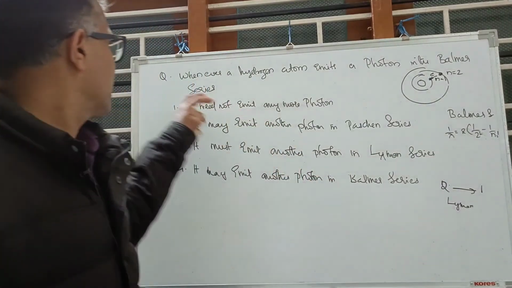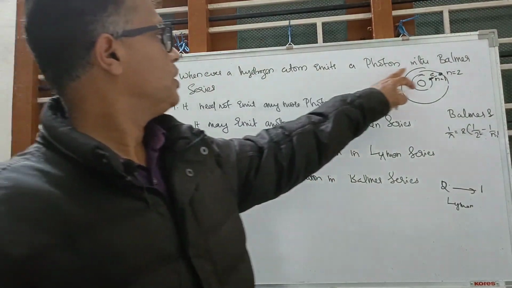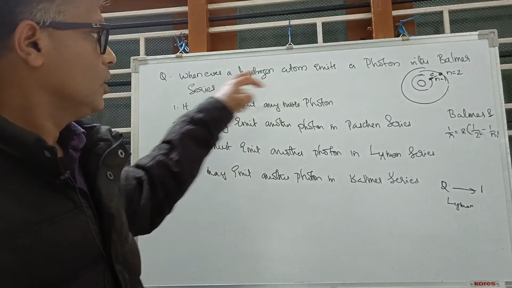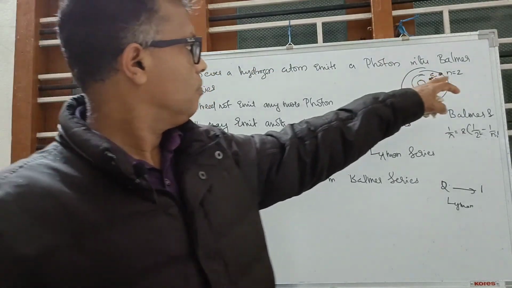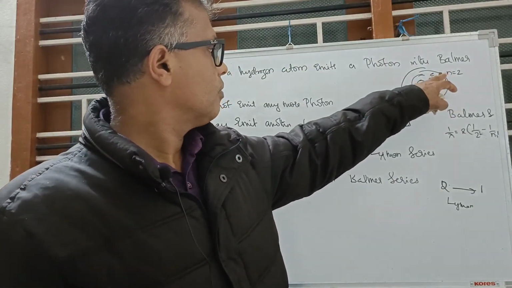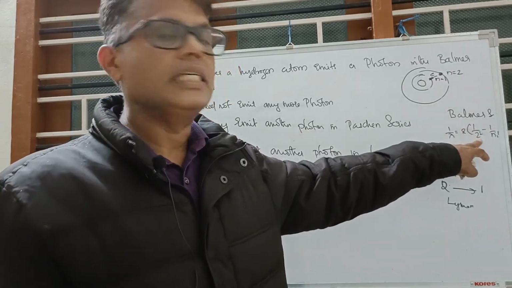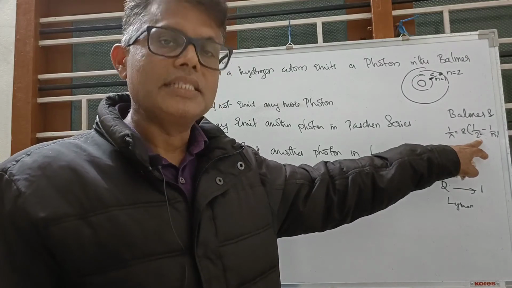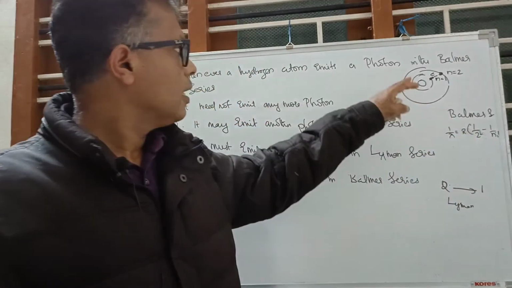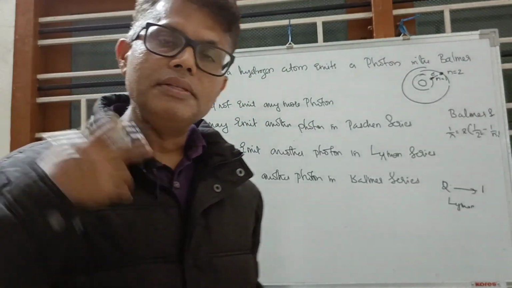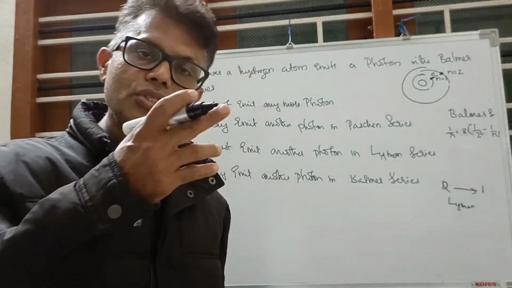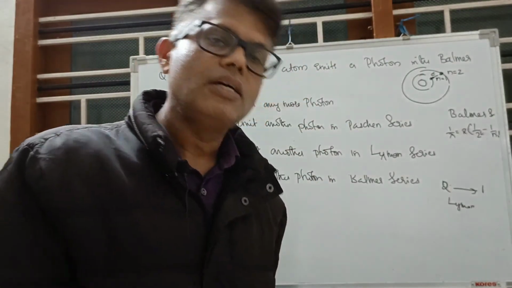I'll just explain once again. A hydrogen atom emits a photon in the Balmer series. Now the hydrogen atom electron is in the n=2 state, because for Balmer we know the final state will be n=2. So the hydrogen atom will not be stable if the electron is in the second state, because the electron should come to the first orbit.